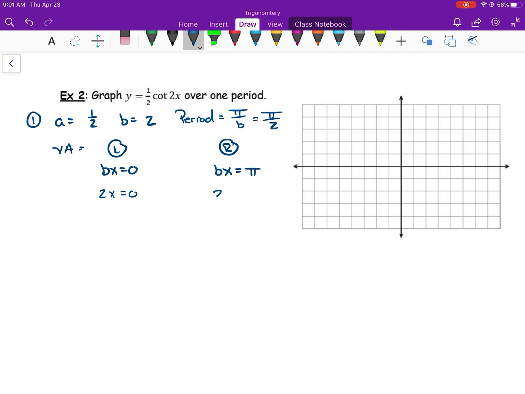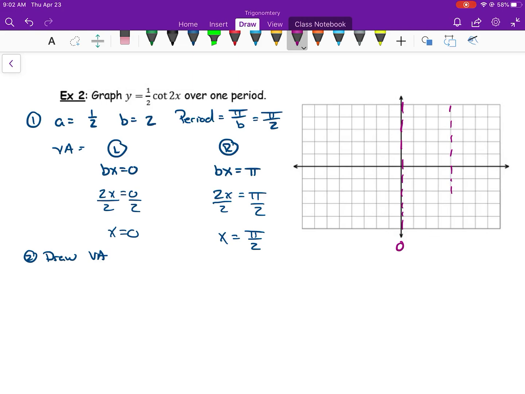Plug b in, and we get 2x equals 0, 2x equals pi, divide by 2, x is 0, divide by 2, x is pi over 2. Alright, so step 2, I'm going to draw my vertical asymptotes. So I got 0, 1, 2. Okay, and then I go 1, 2, 3, 4. This is pi over 2.